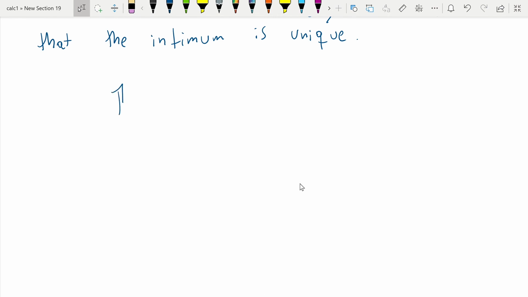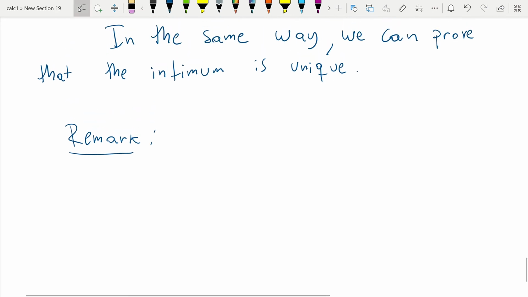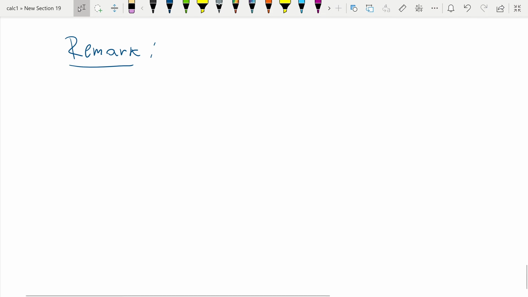So, another remark that I wanted to make. Maybe some of you are used to thinking about subsets of real numbers as being intervals, semi-closed, closed or open intervals.